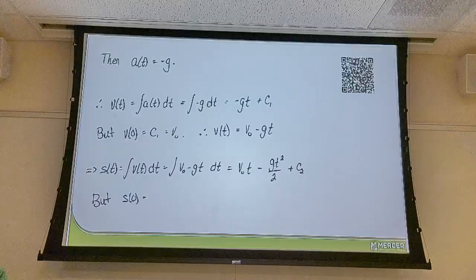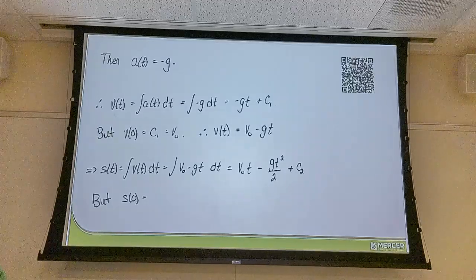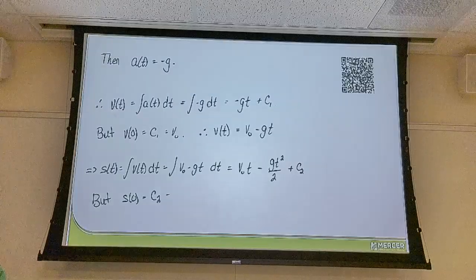What's s of 0 of that function? C2. And it has to equal what?